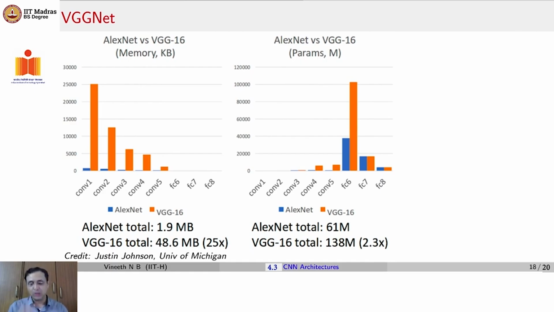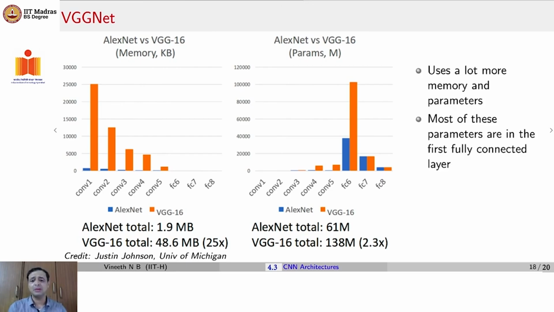While the choice of 3x3 by itself reduces the parameters, they added up because of later layers, the depth, the fully connected layer, so on and so forth. It uses a lot more memory and parameters, and as we saw, most of these parameters are in the first fully connected layer. Most of the memory, as we saw earlier, is in the early convolution layers because that's when you need the maximum number of neurons to contain all of those feature maps.